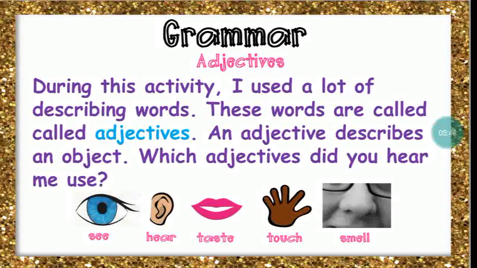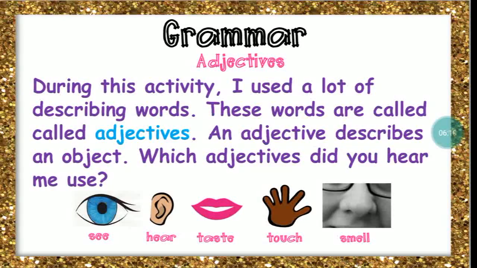So which adjective did you hear me use when I described our board? Which adjective? Did I hear you say white? Yes. I used white to describe my board. White is an adjective. I also used smooth to describe the board. Smooth is an adjective. I also used rectangular form, that the board is rectangle. It has the rectangle shape. Rectangle is an adjective, okay, because it is describing the object.